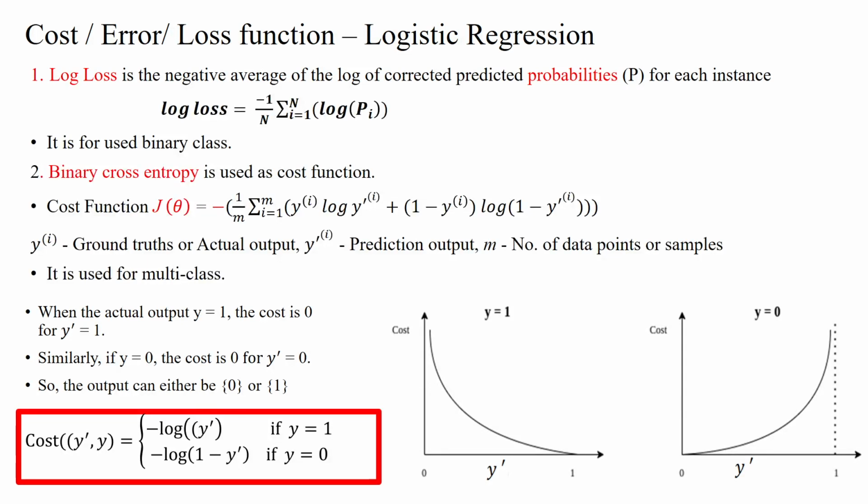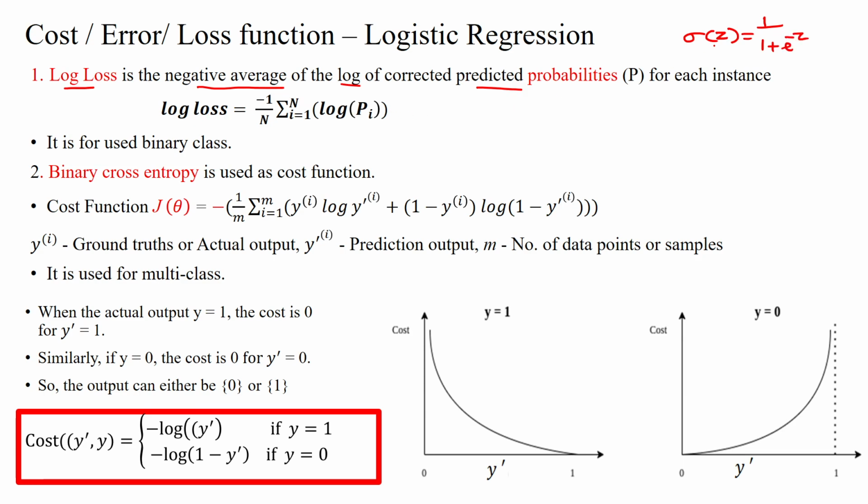Hi, the cost function for logistic regression is given by log loss, which is the negative average of the log of corrected probability values. Here, we calculate the probability value by using the sigmoid function.